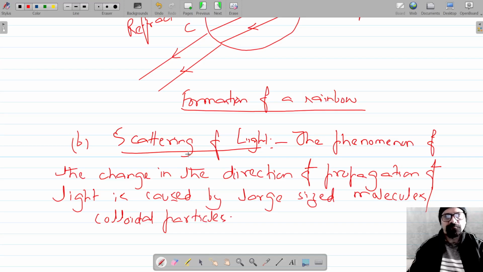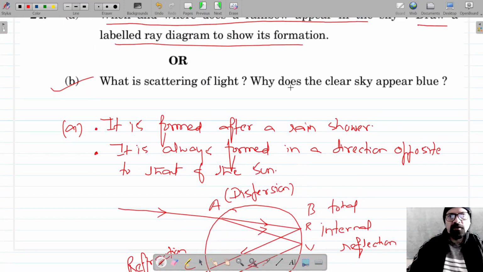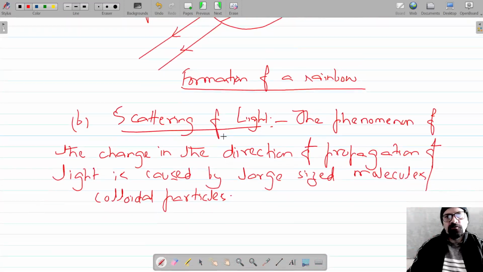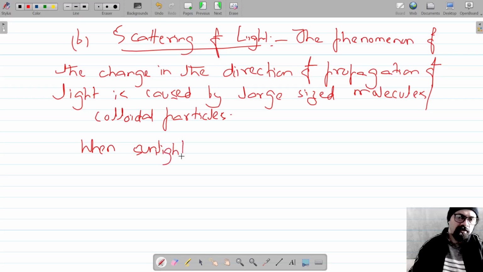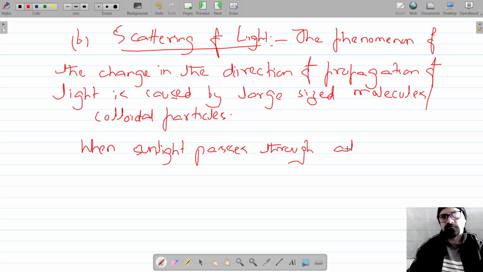Okay, now what is the next part? Why does the sky appear blue? It appears blue because of the scattering of light. For this our answer should be: when sunlight passes through the atmosphere.